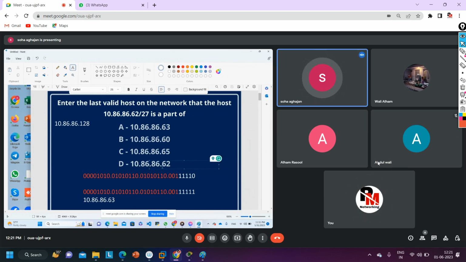And for the network ID, I change all of the hosts to 0. Then you can get the network ID, and 1 more than the network ID is going to be the first valid host. With that formula, I think it's a fast way. I write it down, but I can even calculate it in my brain. I think it's an easy way.